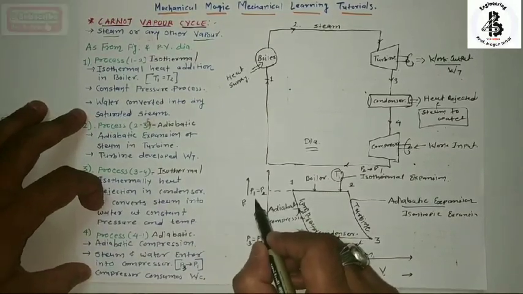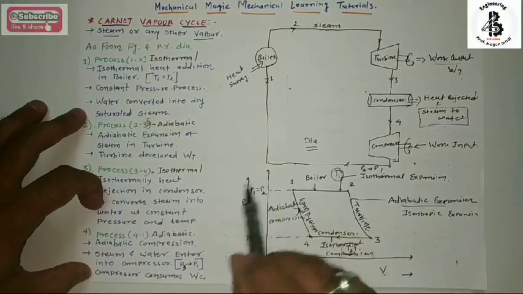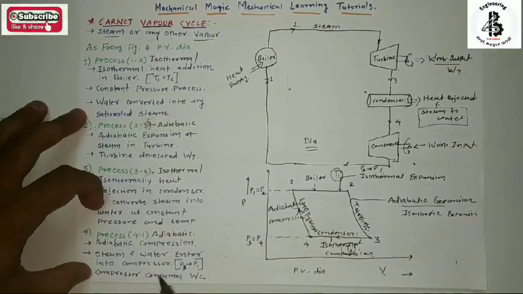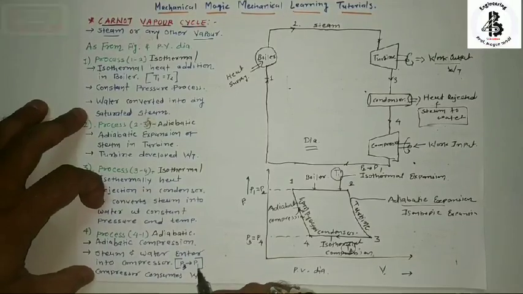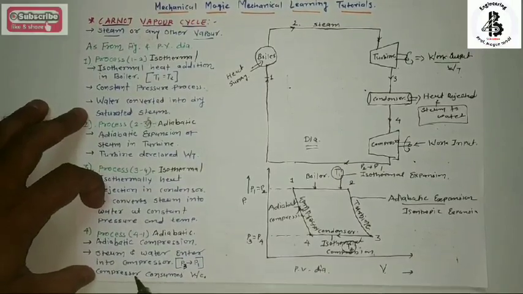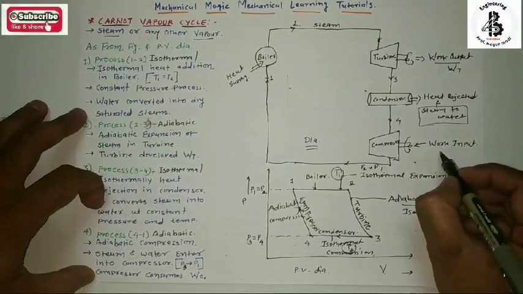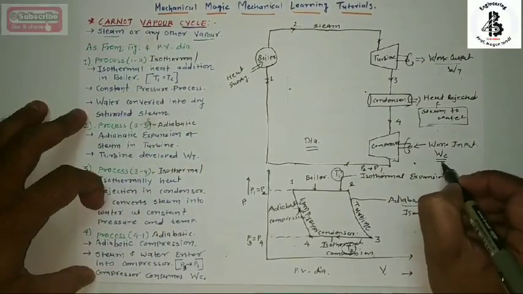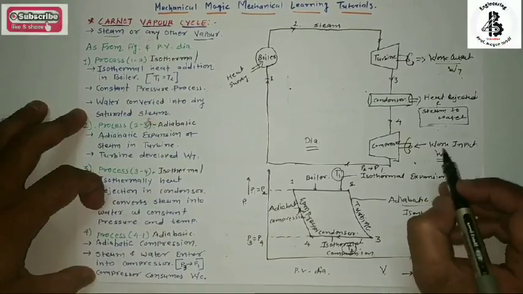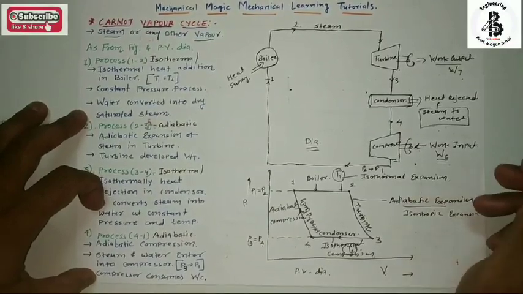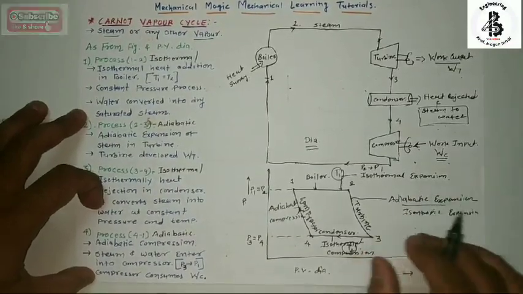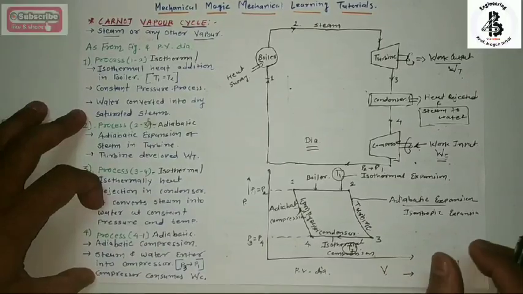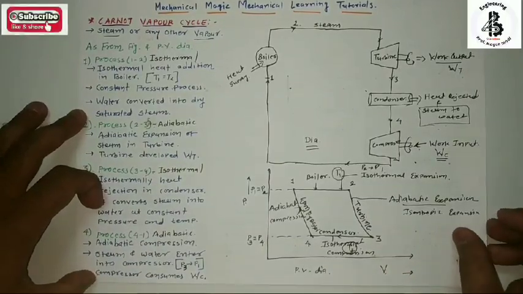Steam and water enter into the compression, which increases the pressure, and for that the compressor consumes some work power. That is the work on the compressor as an input. So that is the simple Carnot vapor cycle.